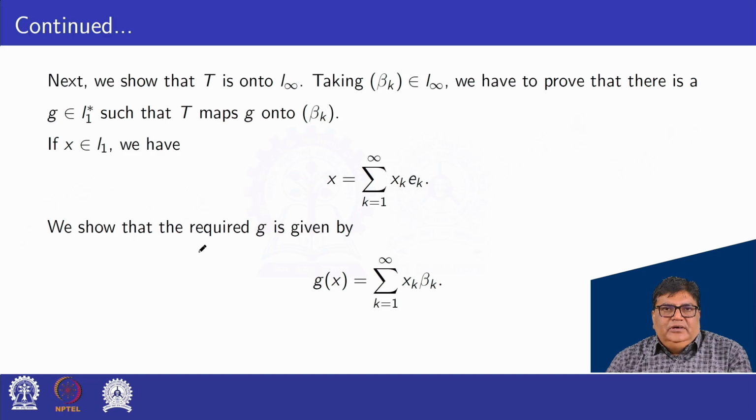We show that the required G is given by Gx. G is linear functional, so Gx equal to summation k is equal to 1 to infinity x k G of e k, that is beta k. So we show that the required G is given by Gx equal to summation k is equal to 1 to infinity x k beta k.